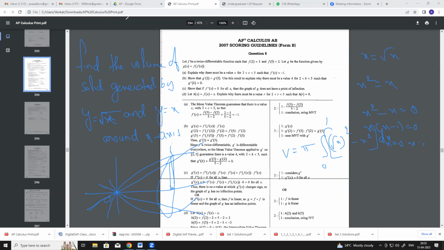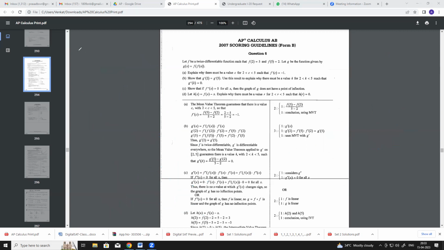Find the volume of the solid obtained by rotating y is equal to x and y is equal to x square minus 2x around the line y is equal to 4.